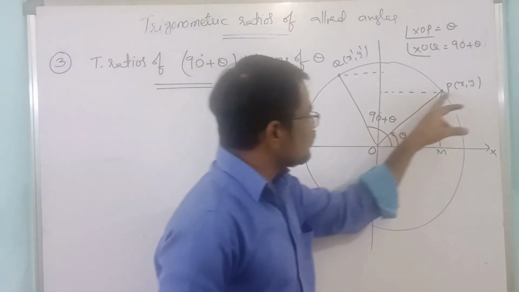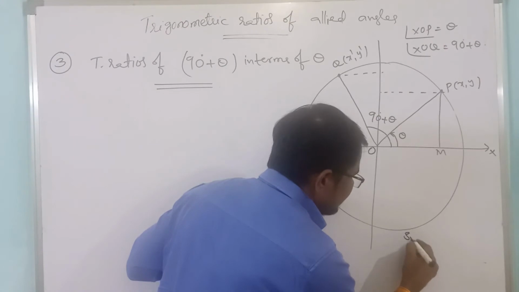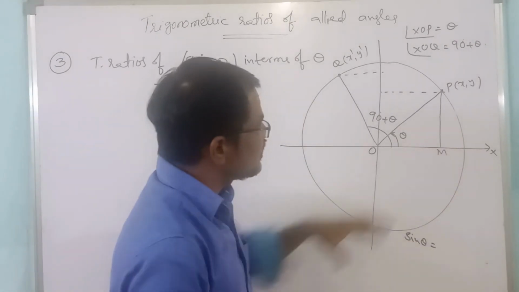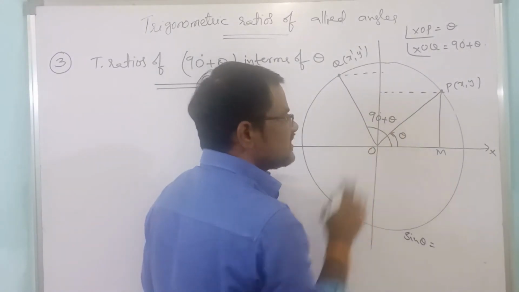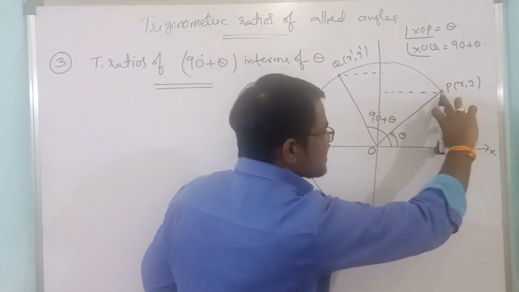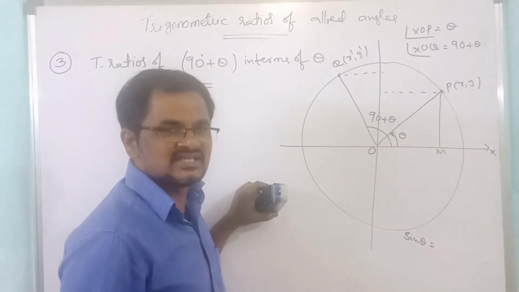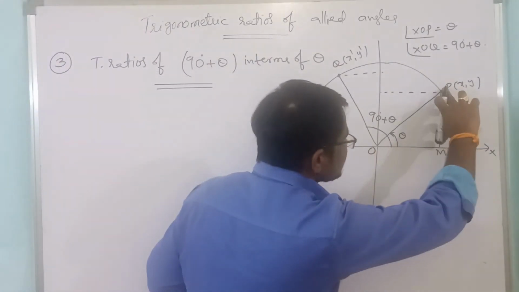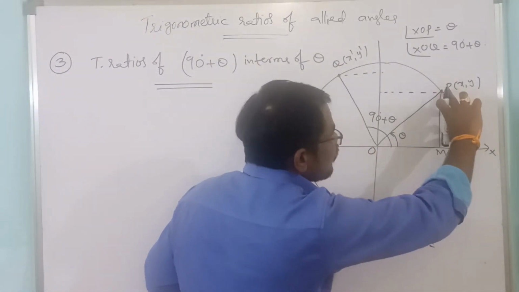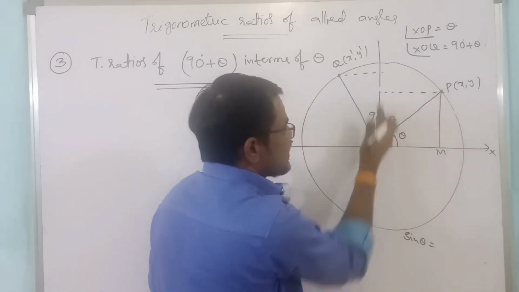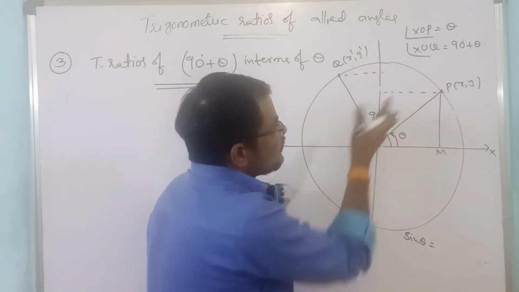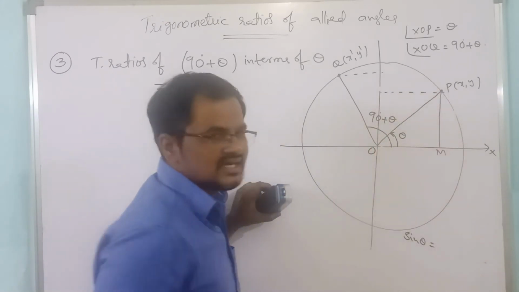Now here, how do we define sin theta? Sin theta equals PM by OP, because the projection of OP on the y-axis is sin theta, and the projection of OP on the x-axis is cos theta.